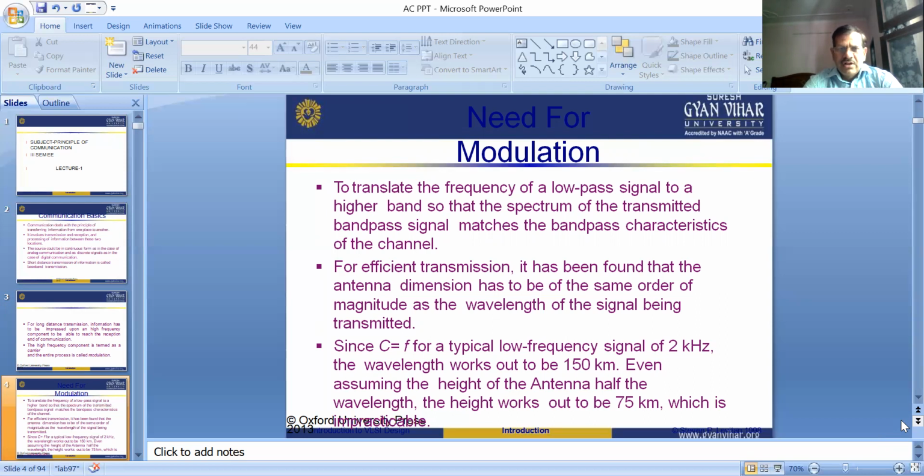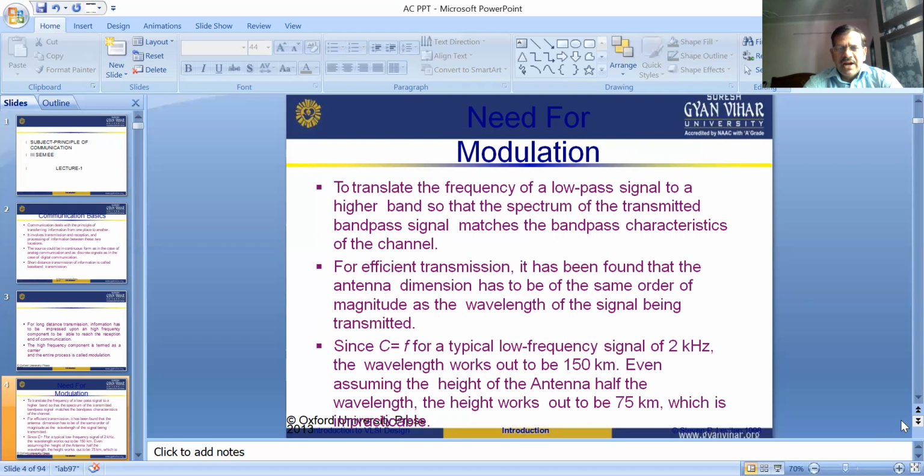For example, since C equals f lambda, take a typical low frequency signal of 2 kilohertz, and suppose we choose the wavelength as 150 kilometer.